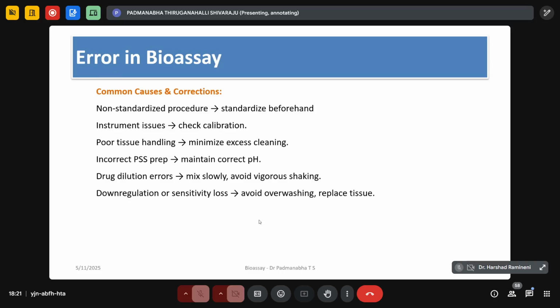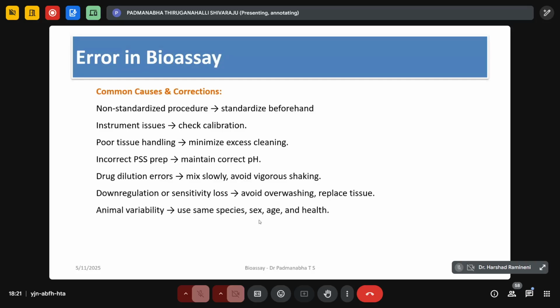And down regulation and sensitivity loss. When you start the bioassay and the tissue is mounted, and you are giving an interval between the responses, you will be doing a washing. During that, please avoid overwashing as well. And if the tissue is not sensitive, you need to go for a newer tissue to get a response.